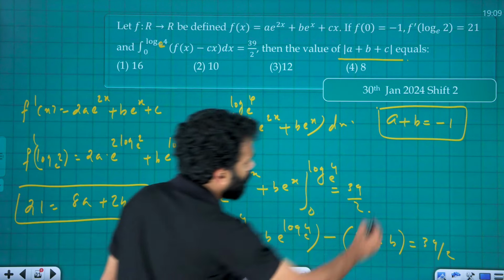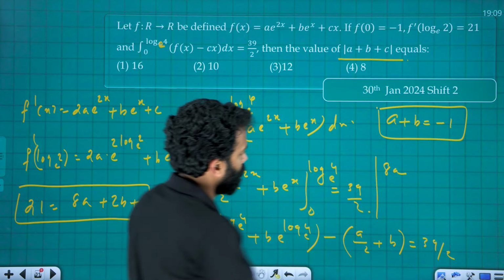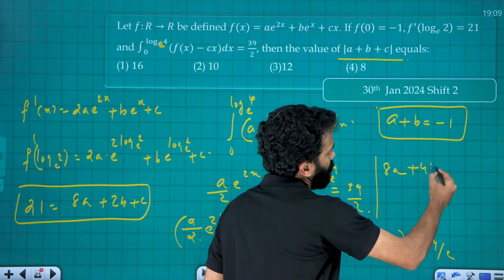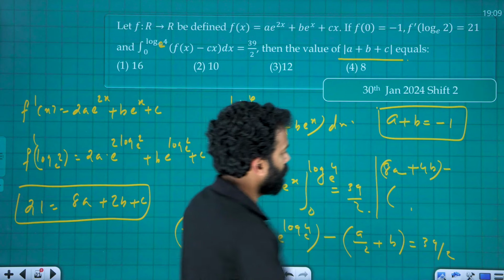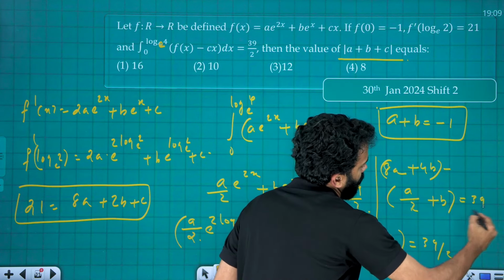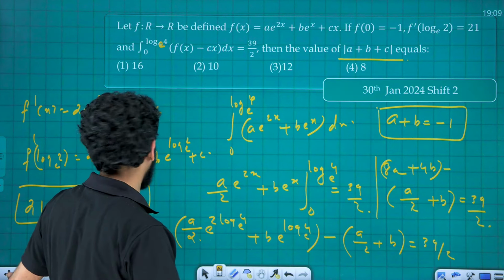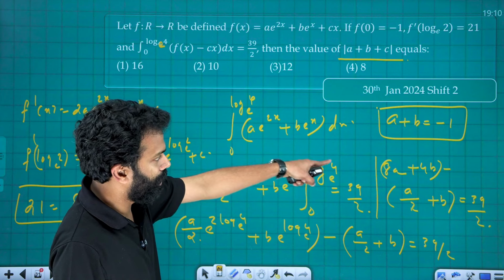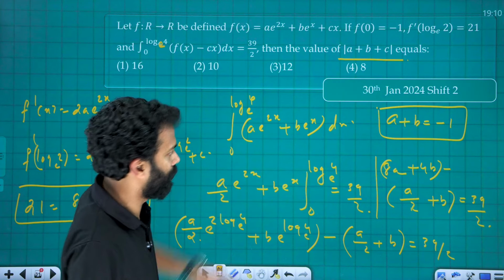So we can write 8a plus 4b, minus a by 2 plus b, is equal to 39 by 2. What is 8a, 4b minus b is 3b. What is 8a minus a by 2? That is 15 by 2, right?